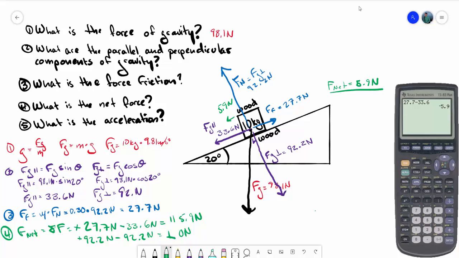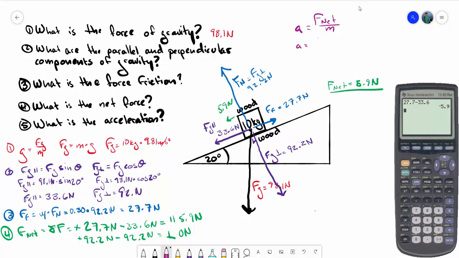Lastly, what is the acceleration? To find acceleration, we can look at our reference table and you'll see that acceleration is equal to F net divided by mass. And we have F net.